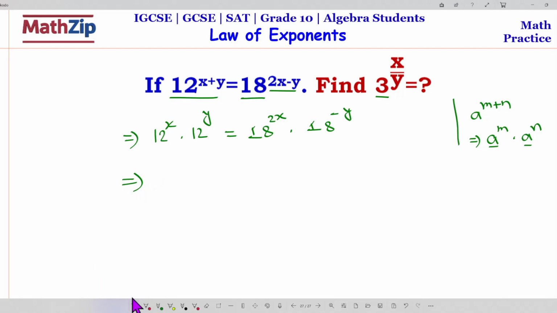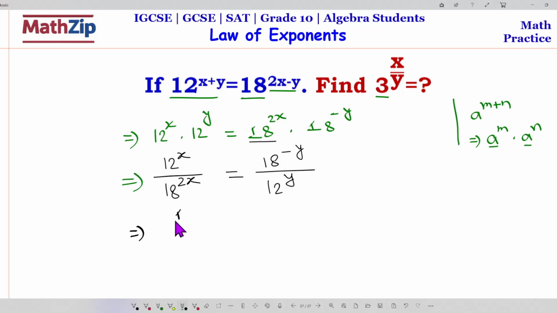Now we can write, look, 12 to the power x divided by 18 to the power 2x equals, similarly, 18 to the power minus y divided by 12 to the power y. Now we can just flip this fraction.